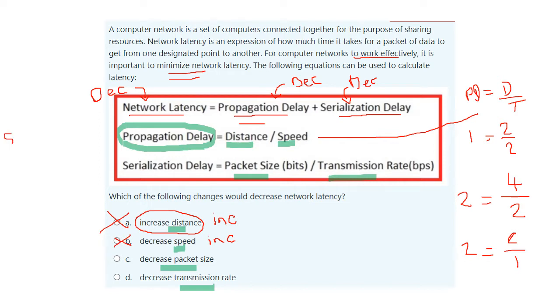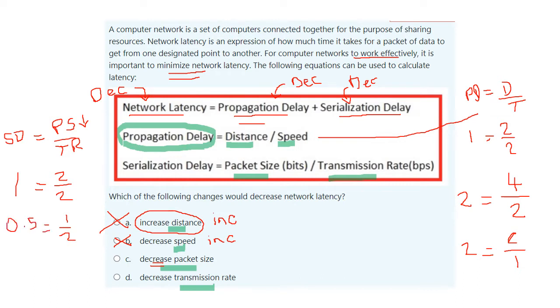Now the serialization delay is equal to the packet size divided by the transmission rate. And again, to help us imagine, let's just put in the number 2. So 2 over 2 equals 1. If we decrease the packet size, so we're going down on the top number, we would get 1 divided by 2, which would give us 0.5.